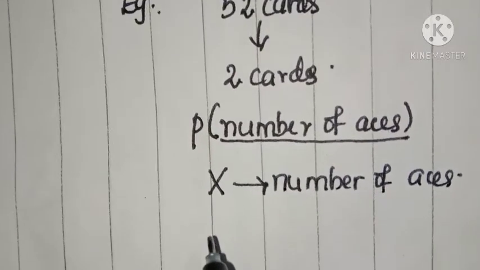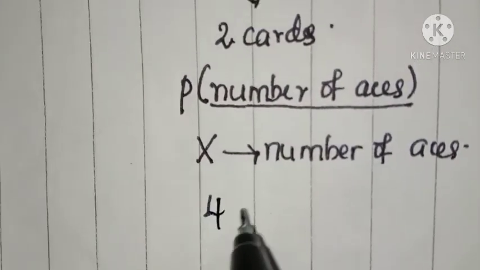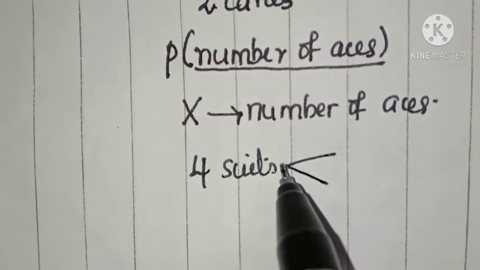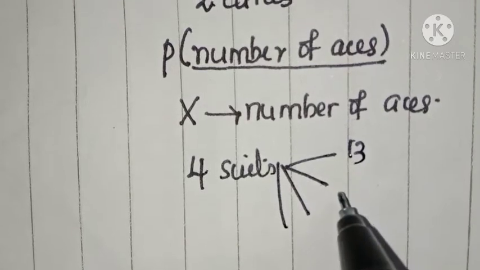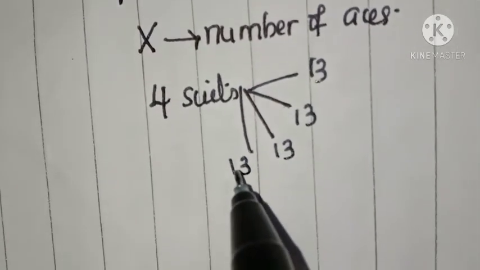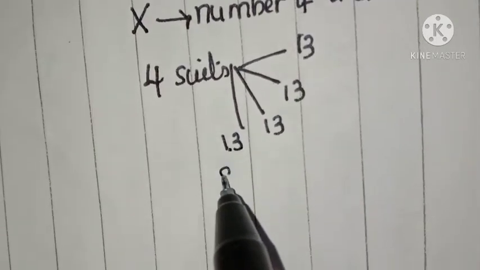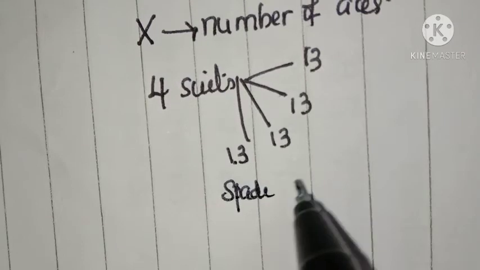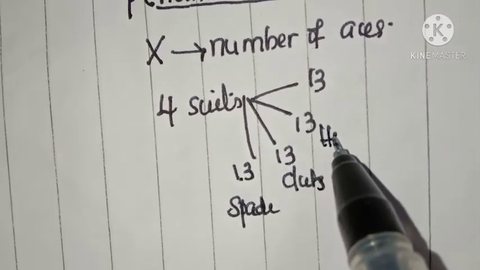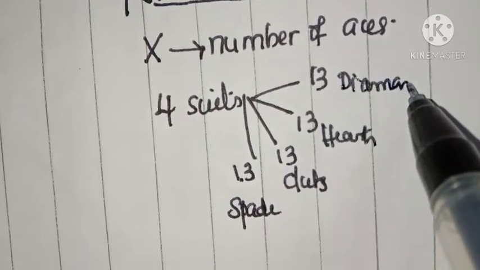Out of 52 cards, there are 4 suits, each having 13 cards. One set of 13 cards is spade, another set is clubs, the third is hearts, and the fourth is diamond.